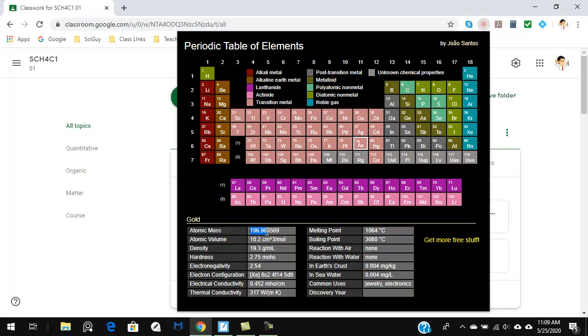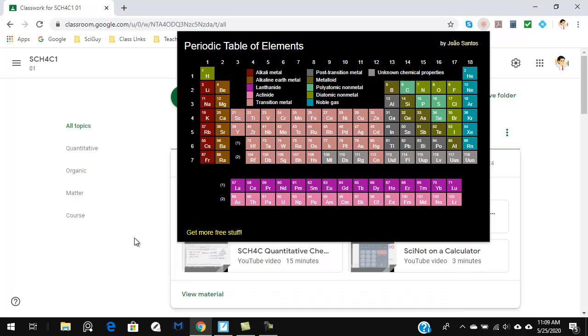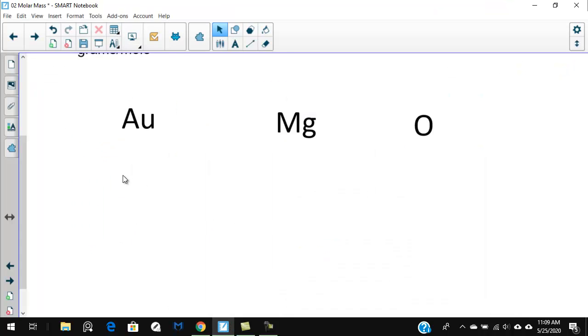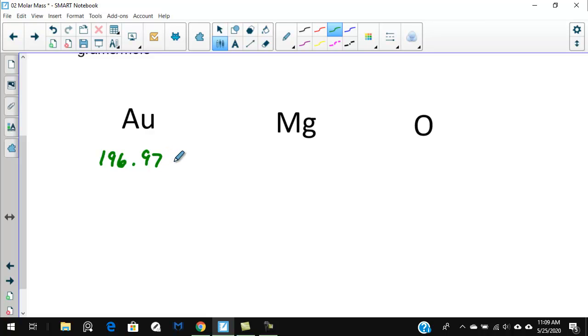I'm just going to go to 2 decimals. 196.97. Now that would be for an atom, that would be atomic mass units. But for a mole of those atoms, it would be grams per mole.